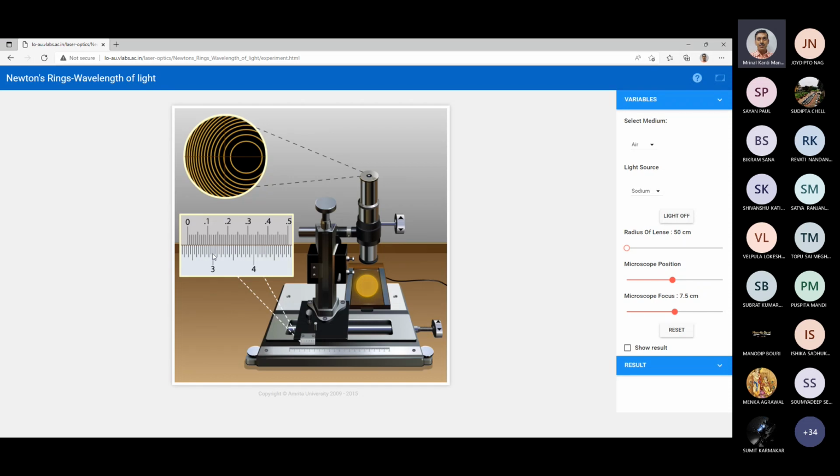The main scale is 3, so it will be 2.5, then 2.4, 2.3, so this is 2.35. Now you have to count which reading in the vernier scale matches exactly with the main scale. So our main scale reading is 2.35.